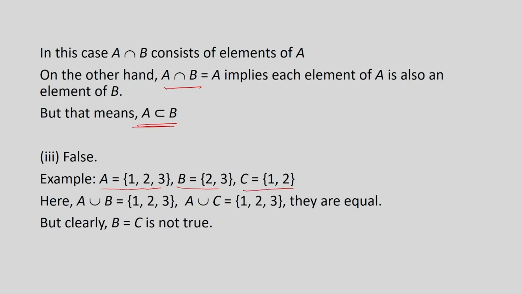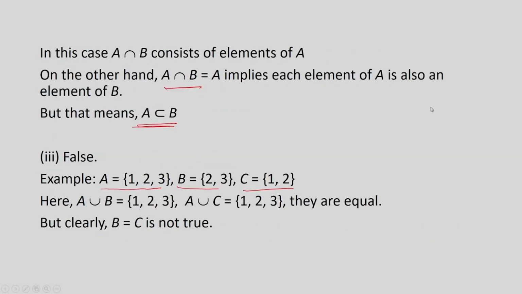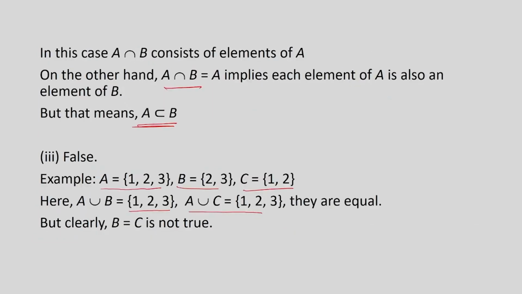Now, let us suppose these are the 3 sets, then if we can show that this is not correct. Okay. In this case, what is A union B? A union B will be 1, 2, 3, right. And what is A union C? It is also 1, 2, 3, both are equal, right. So, the left hand side is satisfied in this case, but obviously B is not equal to C in this case.